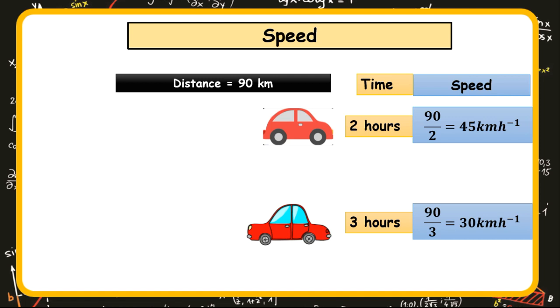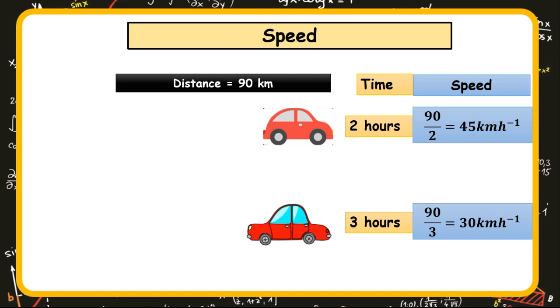Between these two cars, if I should ask, which of them was moving faster? Is it the first car or the second car? And obviously, you will say it is the first car because it has a speed of 45 kilometers per hour as against the second 30 kilometers per hour. So still the same distance, but the time makes the difference.